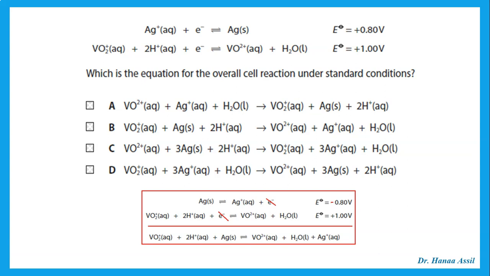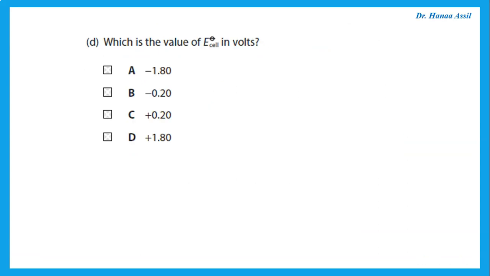Remember that when you invert an equation, you invert the sign of the E node. So we inverted that first equation. We inverted the sign for the standard potential, and then we add everything before and after the arrow. So overall, this is our overall cell reaction. Are we okay with all of this now?